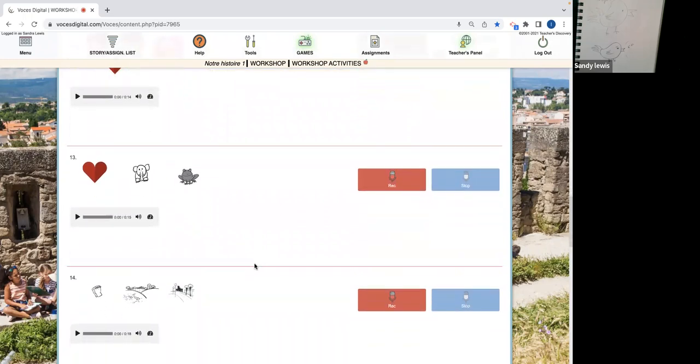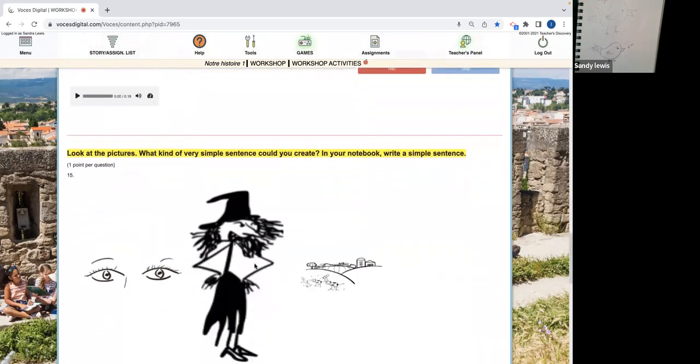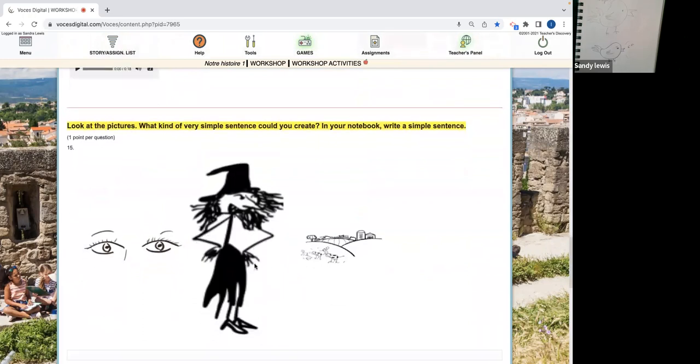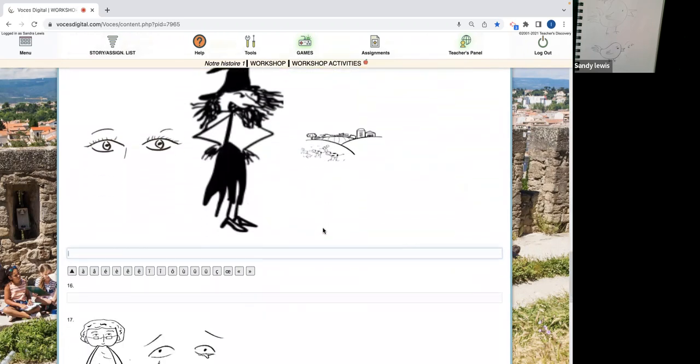And I've got 4 or 5 of these. Then this one, oh my gosh, I had so much fun with this. I wouldn't have them only type the answer in, because I just wouldn't want them to go to Google Translate. But with these, what can you do with this? Okay. All right, come up with something. I see the witch on the farm. I saw the witch on the farm.